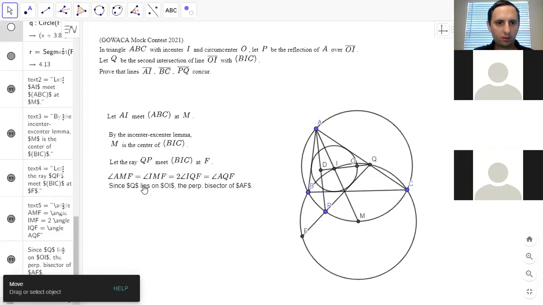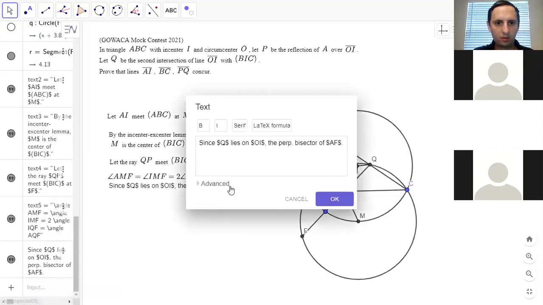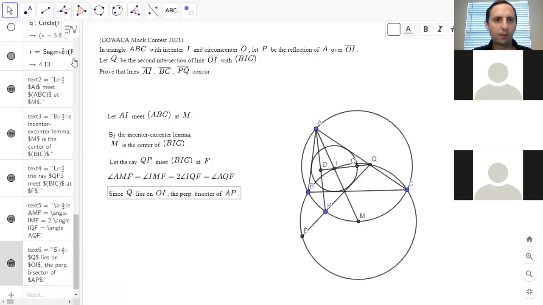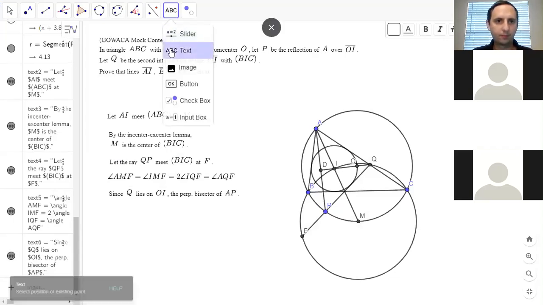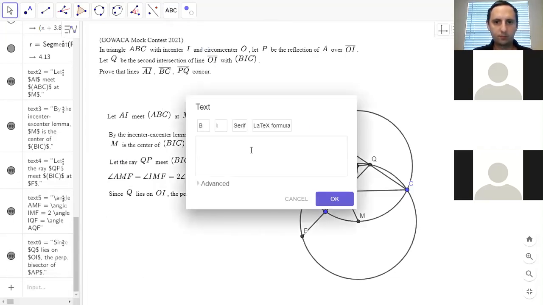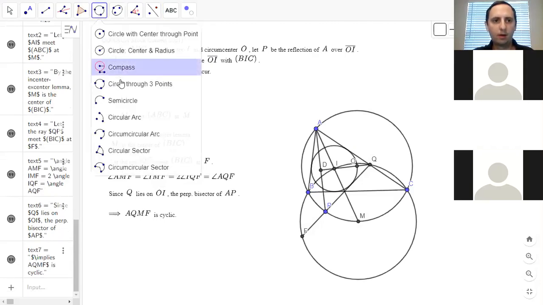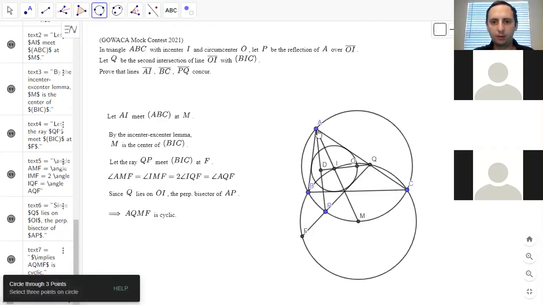All right. And then that means that AQMF is cyclic. And so then by the radical axis theorem, AM, BC, and QF concur.